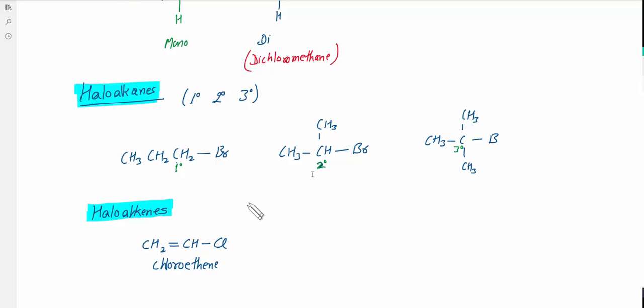The general formula for this will be CnH2n minus 1, because for alkene it is CnH2n, and there is removal of one hydrogen and replacement by this halogen. So this is the general formula for the monohaloalkene. Right, so this is how a haloalkene will look.